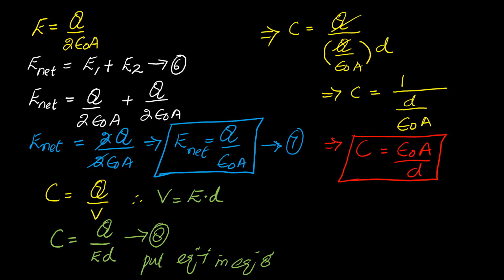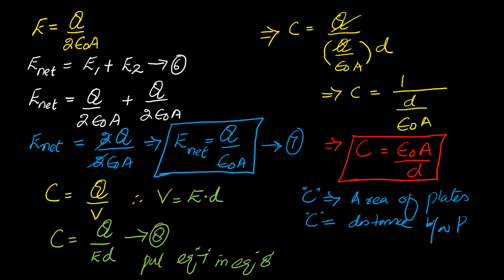This means that the capacitance of a capacitor depends on the area of the plates, and the capacitance also depends on the distance between the plates. So if the area of the plate is more, the value of capacitance will be more.